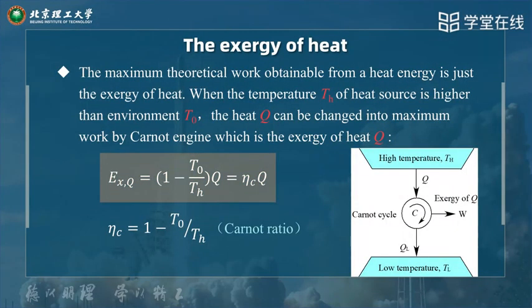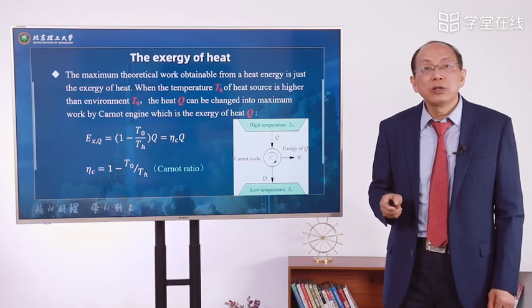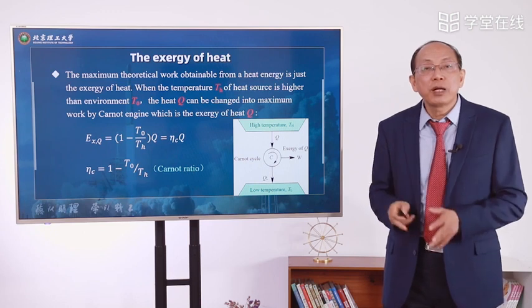EXQ equals (1 minus T0 over Th) times Q. 1 minus T0 over Th is the Carnot ratio, and T0 is the temperature of the environment.